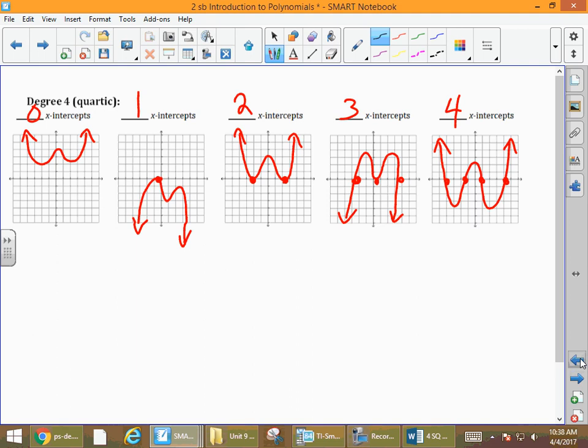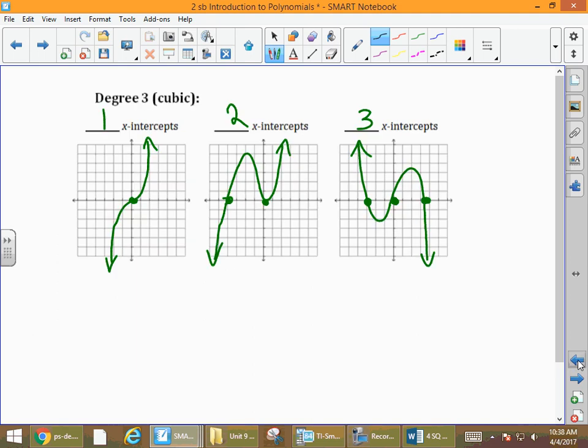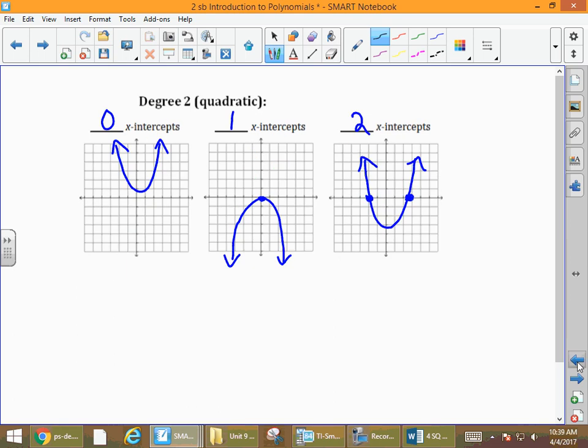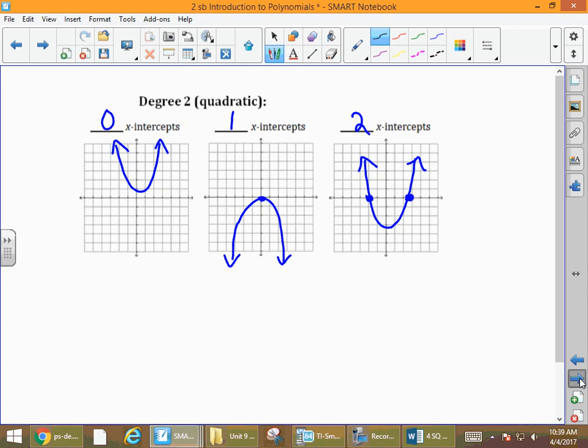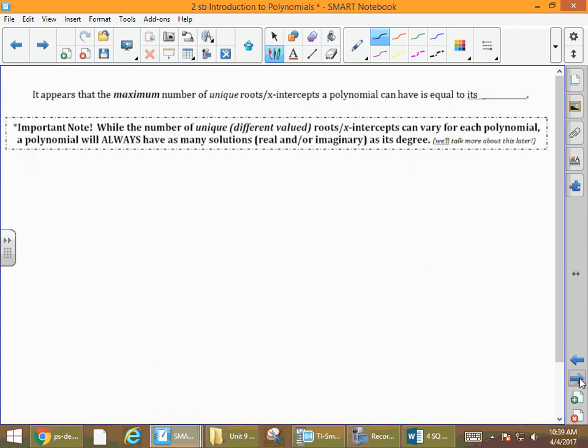A quartic, we had degree 4, we ended up with 4. Degree 3, the maximum was 3. Degree 2, the maximum was 2. Degree 1, the maximum was 1. What's the pattern here? Well, it's equal to its degree.